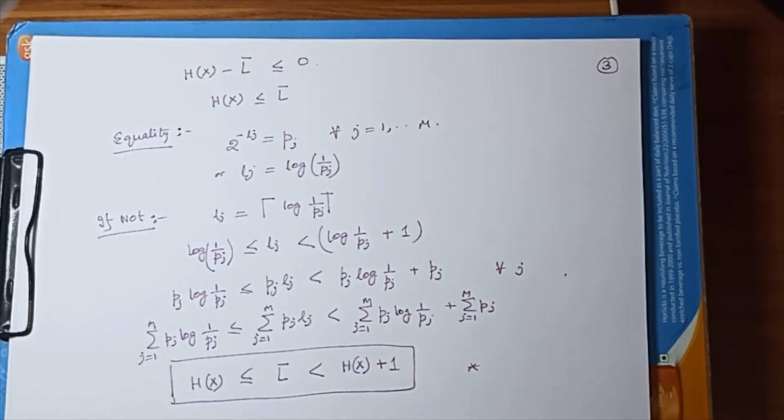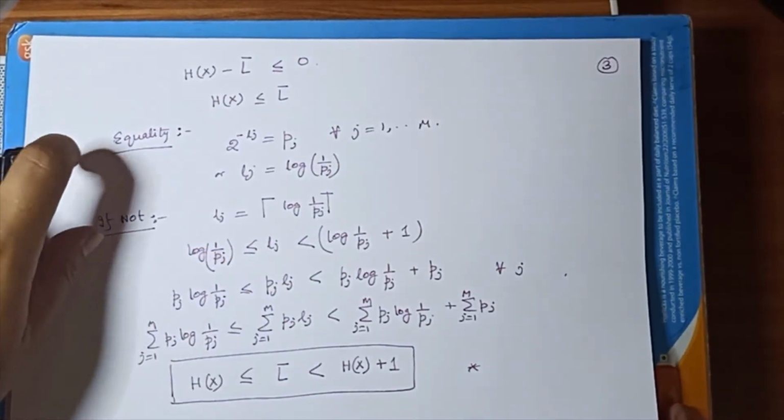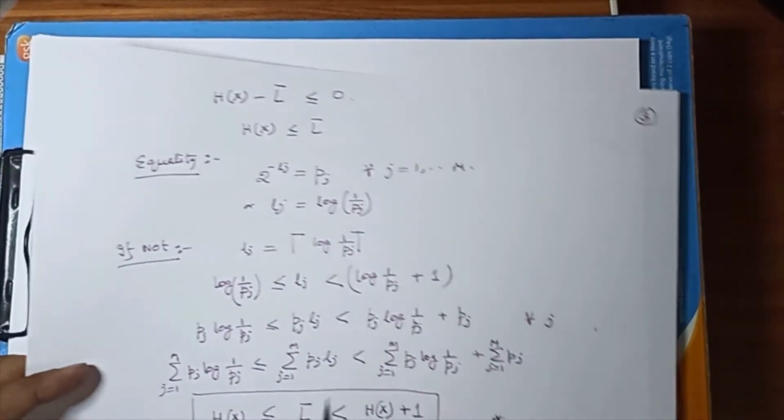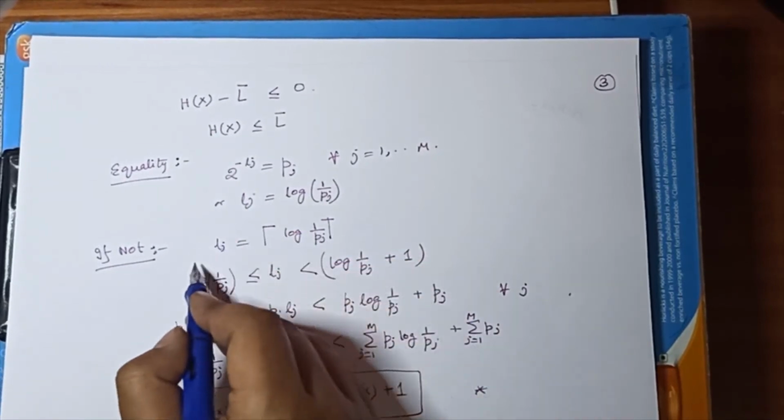With this we can move towards a method. This basically gives me some method for making the code. So that method I can write down. Using the methodology of finding Lj from here, and then using the second proof, the sufficiency proof of the Kraft inequality, will give me a method.